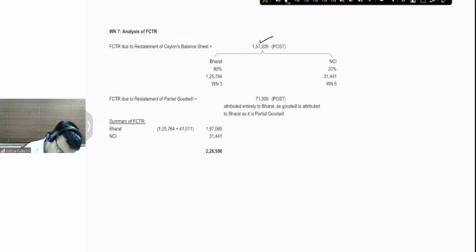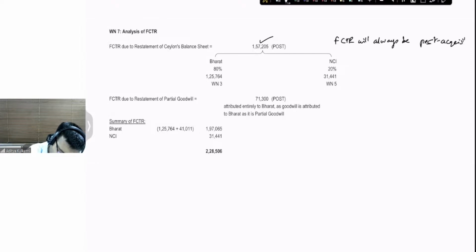The balance sheet that we have converted has this FCTR. Is it going to be pre or post? Sir, it will obviously be post. It will always be post. FCTR will always be post acquisition.